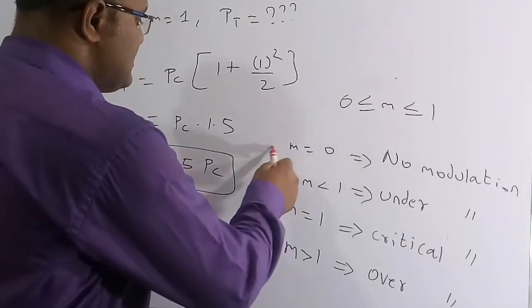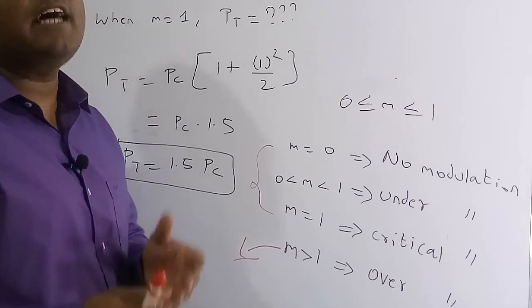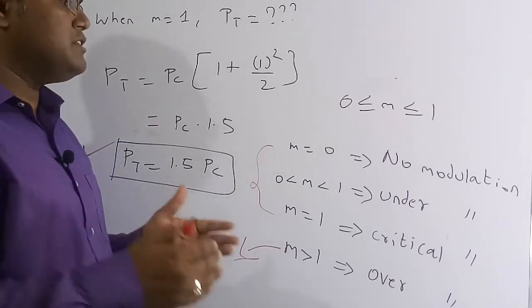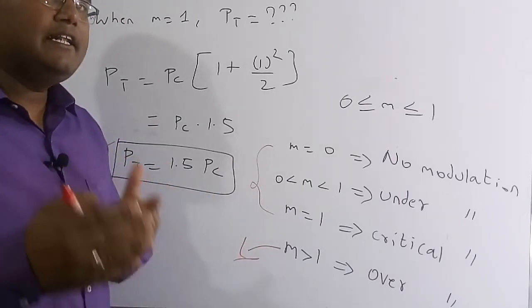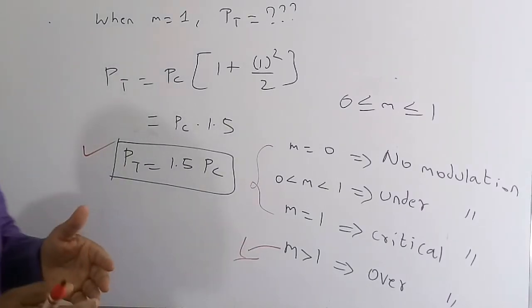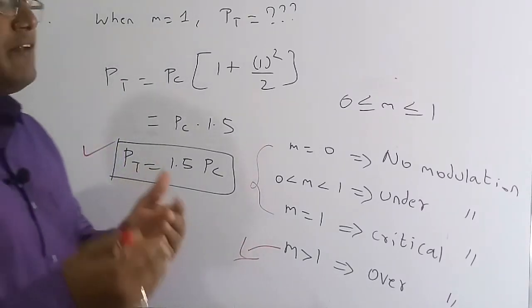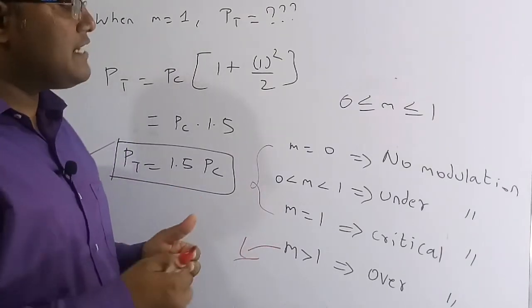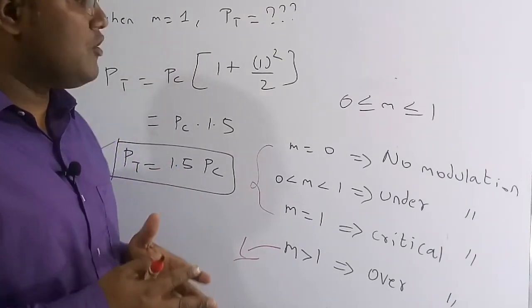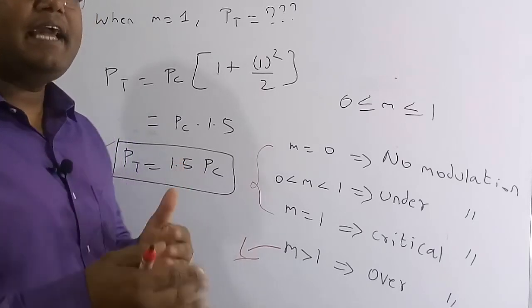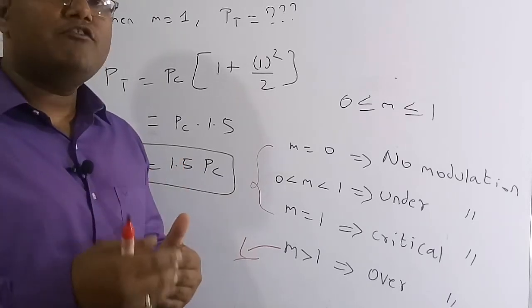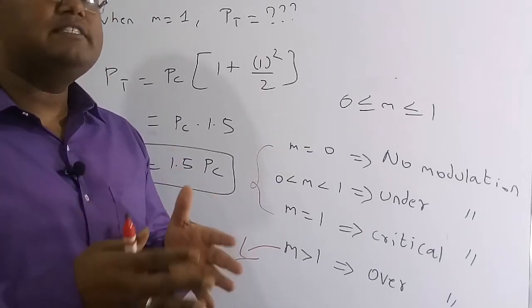But in the first 3 cases we can easily get the original signal back from the modulated signal by using demodulation. The demodulation procedure is nothing but the envelope detector. By using the envelope detector we get the original signal back, because in the AM wave the envelope always carries the original message signal.